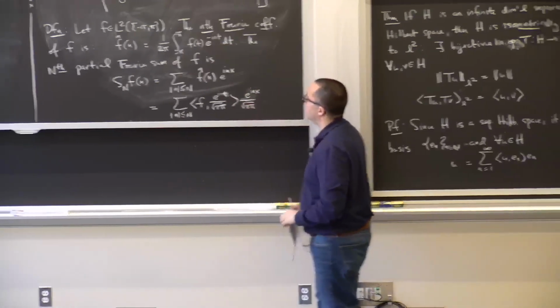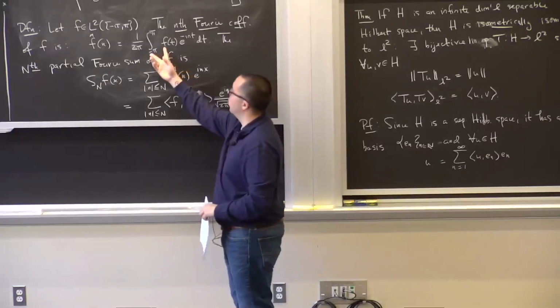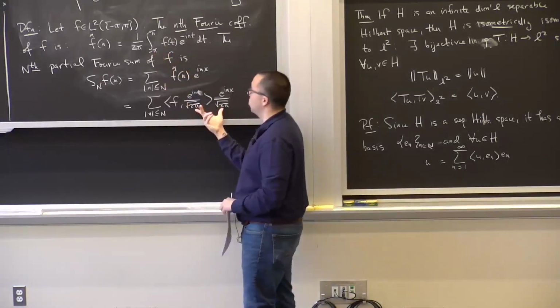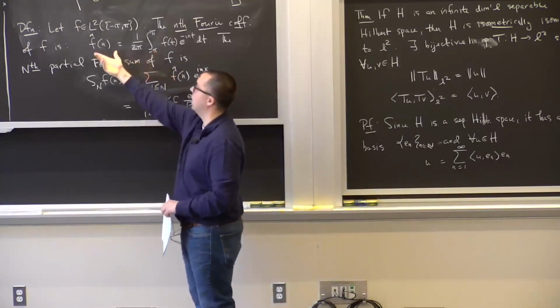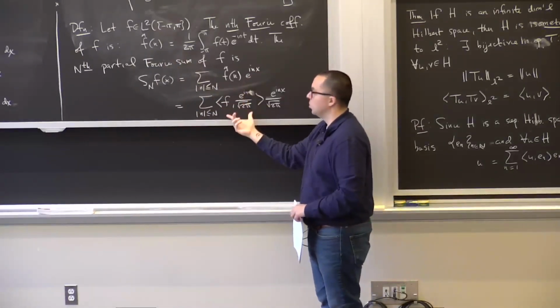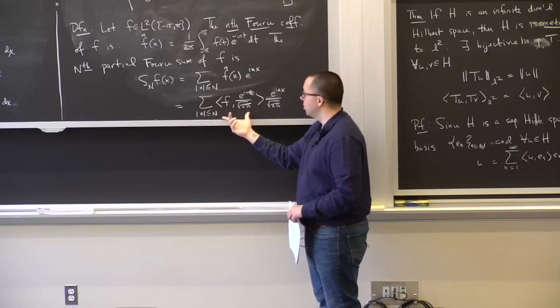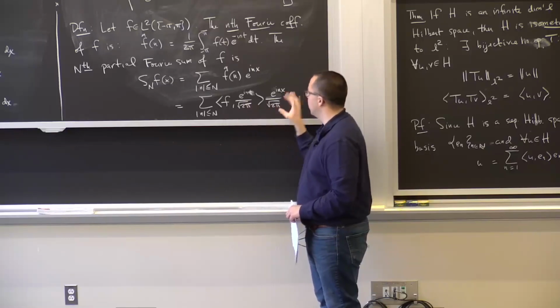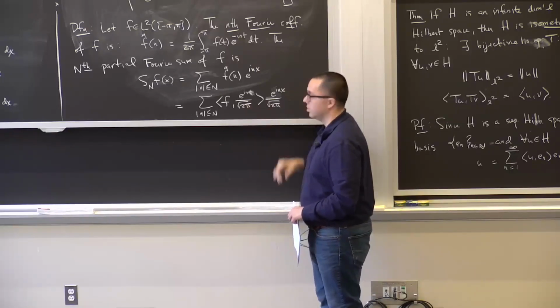All I did with my definition of the Fourier coefficient is combine these two square roots of 2 pi into my definition of f hat of n. But this partial sum is just equal to a partial sum in terms of this orthonormal subset. Okay?